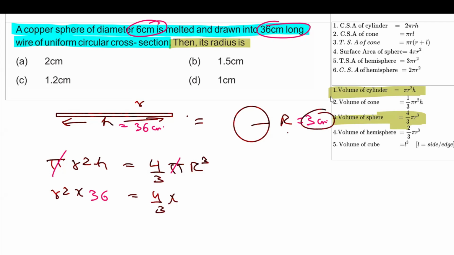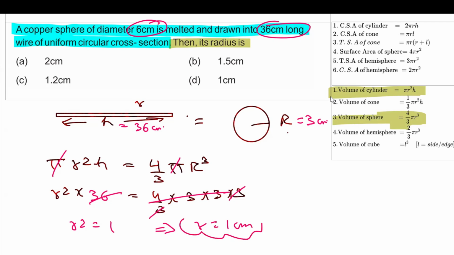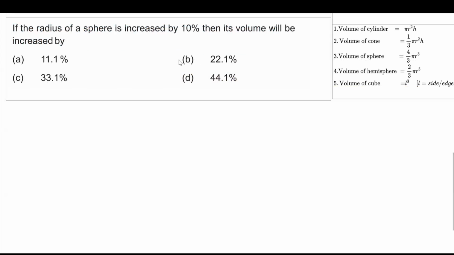The cube of this is 3 into 3 multiplied by 3. 3 gets cancelled over here, and this is 9 into 4, 36. So this 36 can be cancelled. We get r square as 1. This implies r is equal to 1 centimeter. We have to find the radius only. Yes, so we have the answer over here. So D is the correct option in this case.